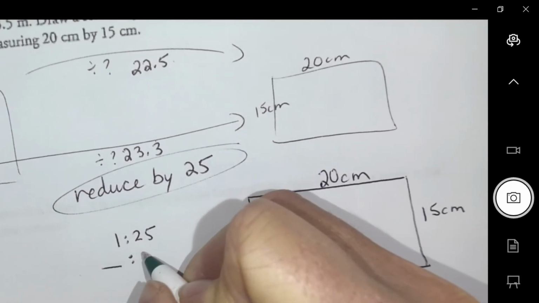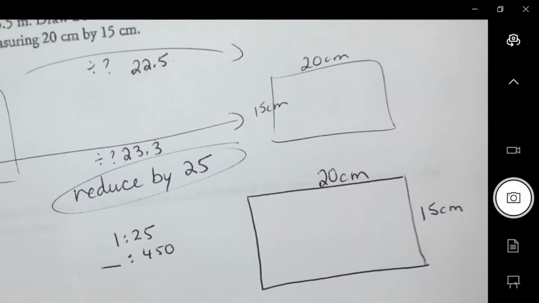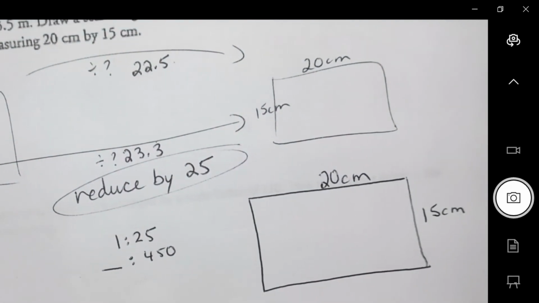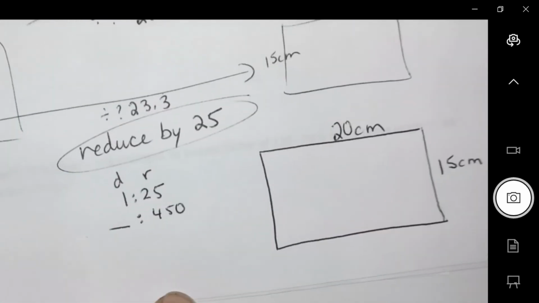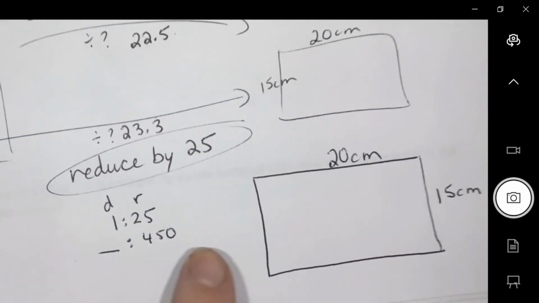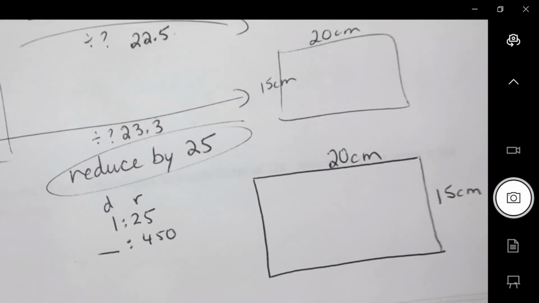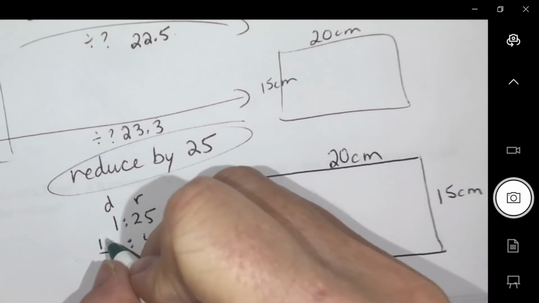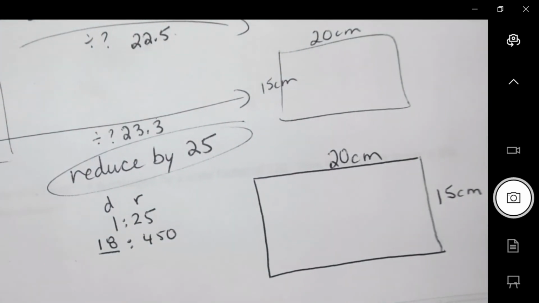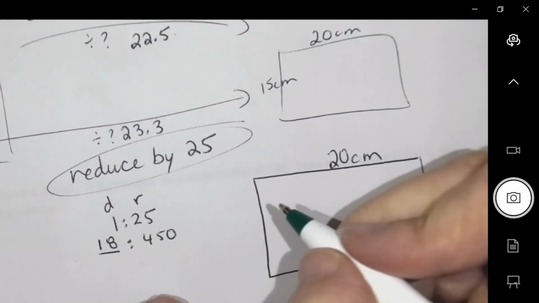So what on the diagram would be 450? The side that's 450, what would its length be on my actual paper then? So divide it by 25, makes 18.